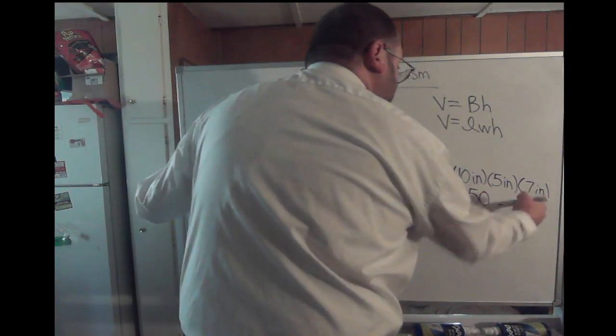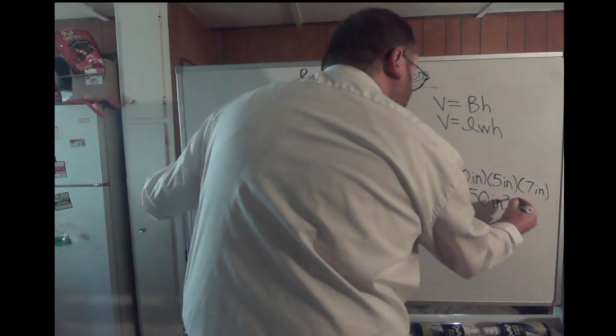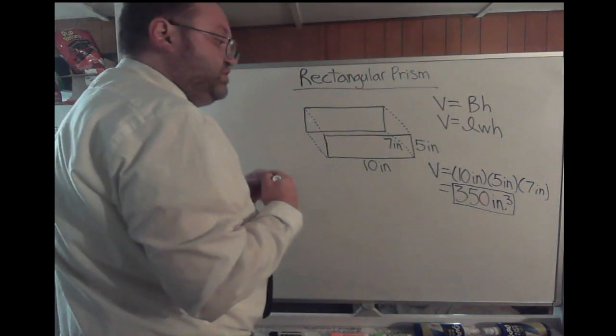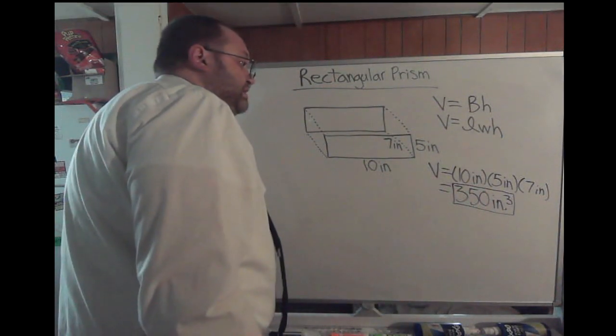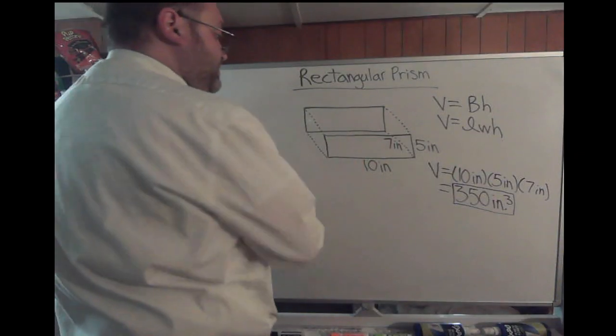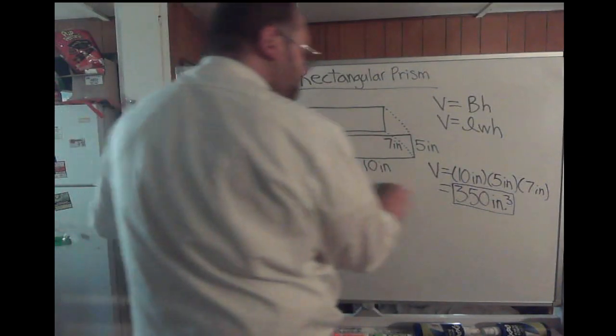Inches times inches times inches is inches to the third power, cubic inches, or inches cubed. So the volume of this rectangular prism is 350 cubic inches. That's what you would get when you multiply the length and the width and the height. Let's do a couple more examples here.